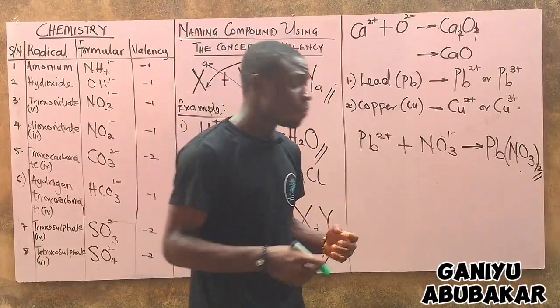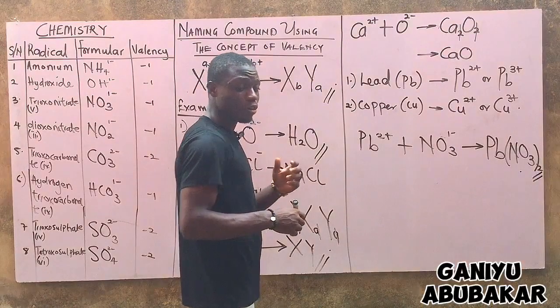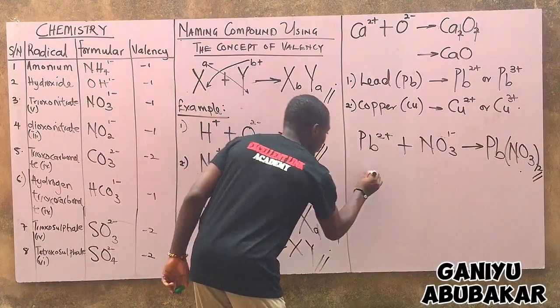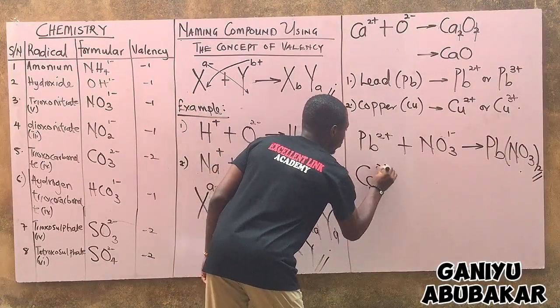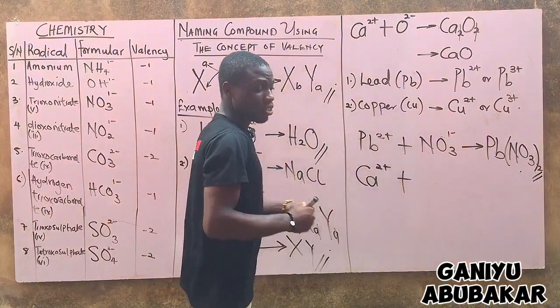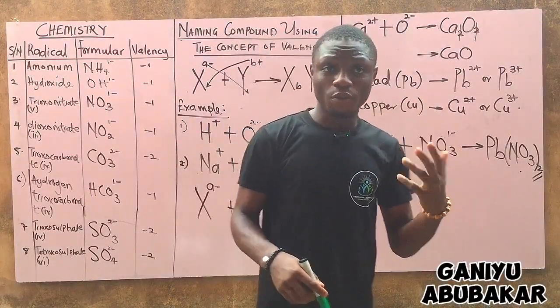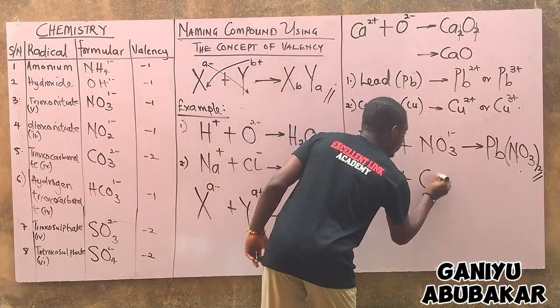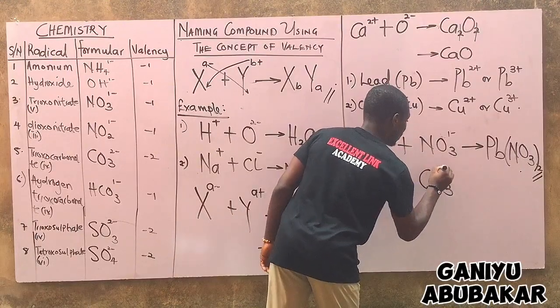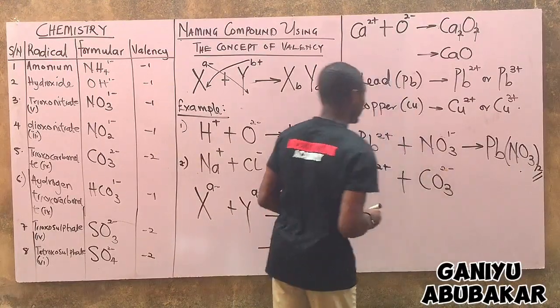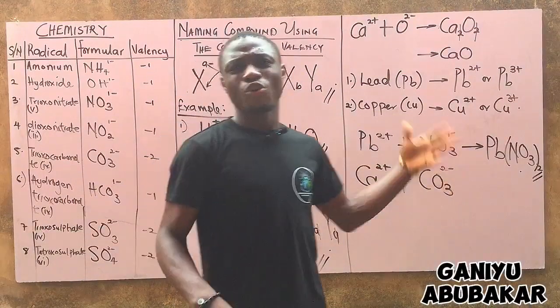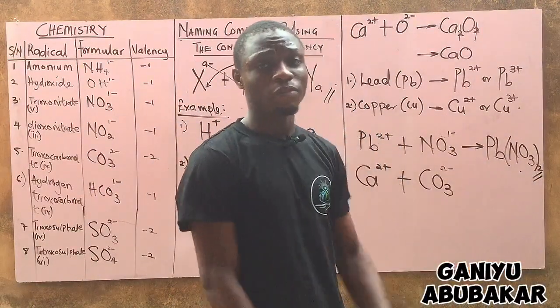In that case, I'm having calcium, that is Ca2 plus, combining with trioxocarbonate 4, that's CO3, that's 2 minus, right? So what is the correct formula for limestone?